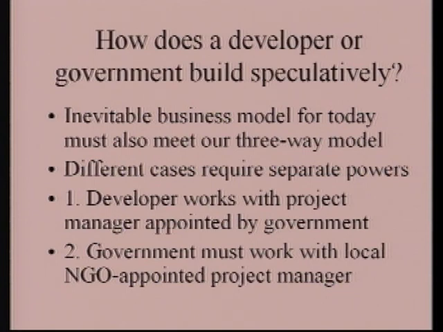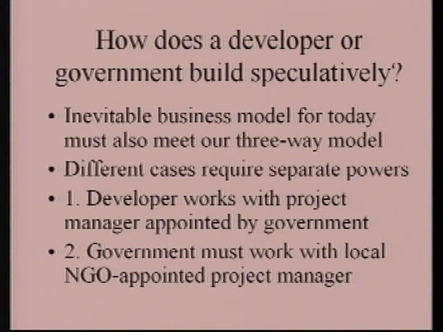Now, different from what I just discussed, there is speculative building. A developer or a government will build speculatively. They will create something without having the actual client or tenant in mind. The developer or the government builds something for future use by hypothetical people. That's fine. If we do it, we can do it far, far better than is done today.